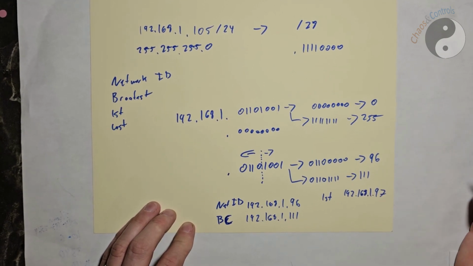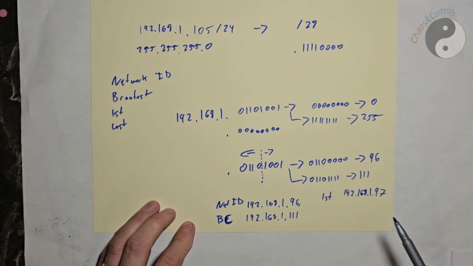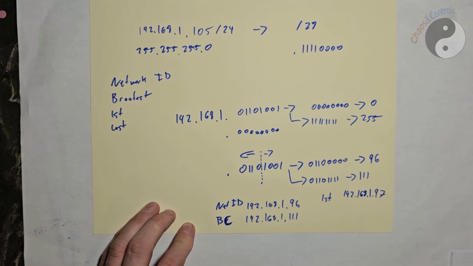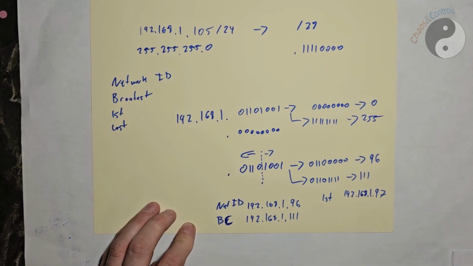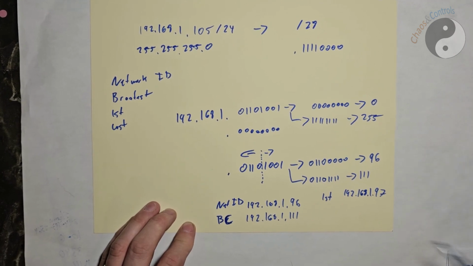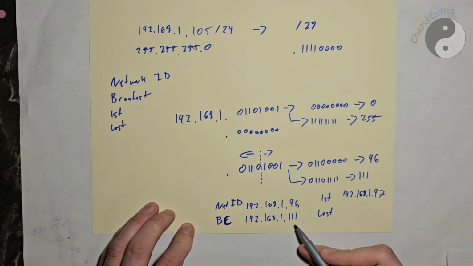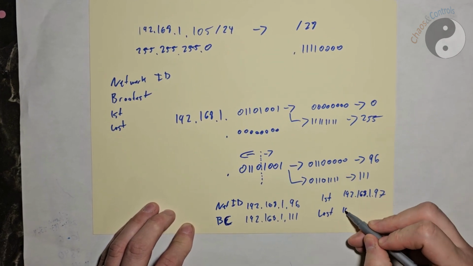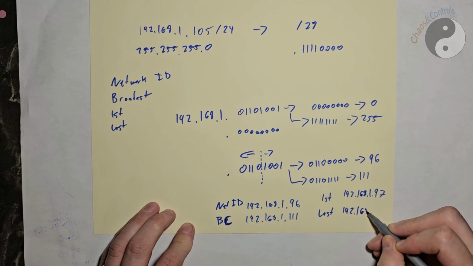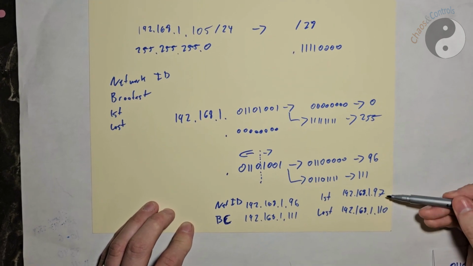Typically, if you've got stuff that you want to be able to escape this particular network or subnetwork, this first position is normally where you will put your gateway. You don't have to, but that's typically where you go. My last device will be one before 111, so at 192.168.1.110. This will be my first device, this will be my last device.